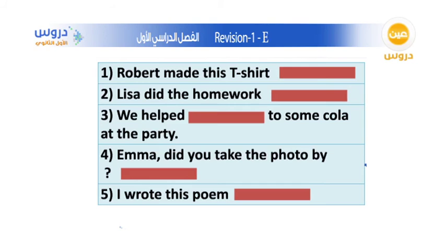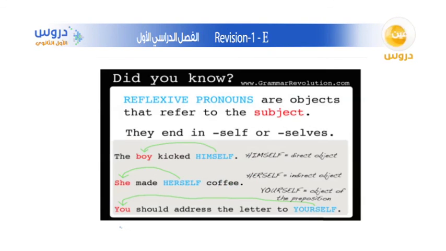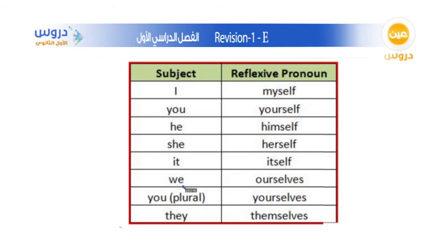Number 3, are you sure it's himself, Mr. Ahmed? So it's ourselves, right? Ourselves. Let's go back to the table here. So we goes with ourselves as its reflexive pronoun. All right?